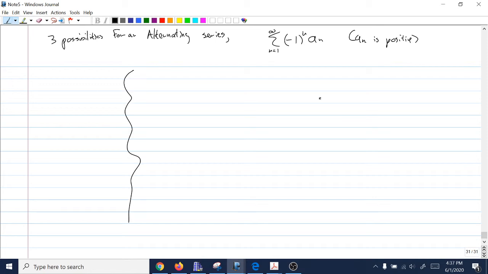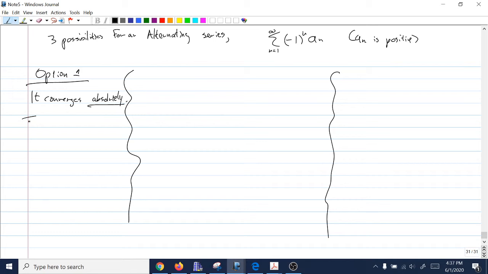Possibility 1 is that it converges absolutely. To show this, we show the sum of a_n converges.